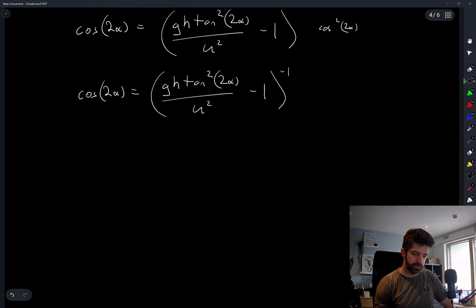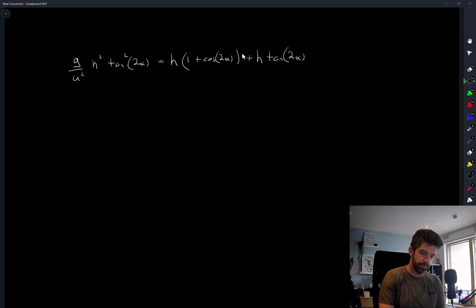Let me start with the expression again. G over u squared times h squared tan squared of 2 alpha is equal to h times 1 plus cosine 2 alpha, plus h tan 2 alpha sine 2 alpha. Cancel an h everywhere.